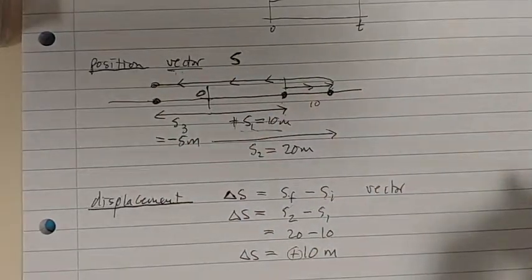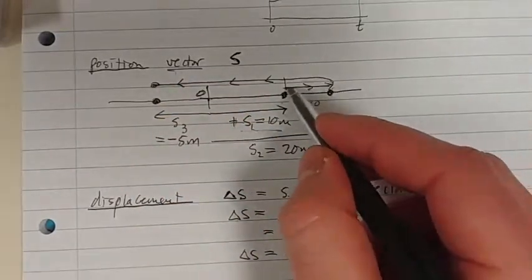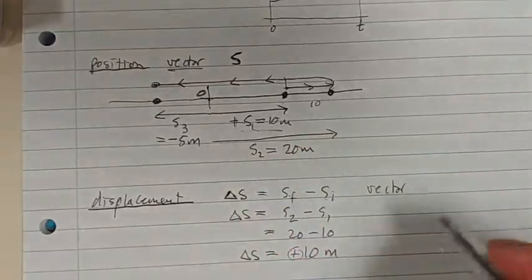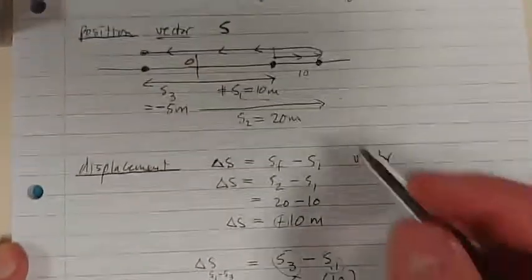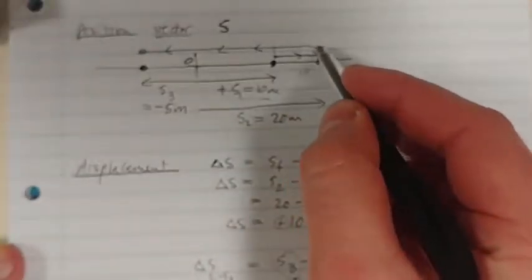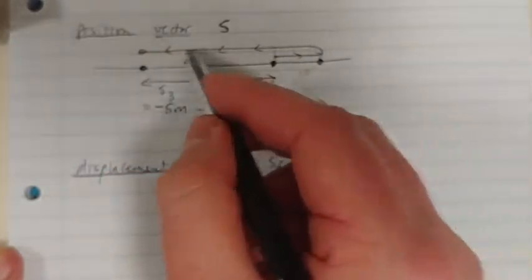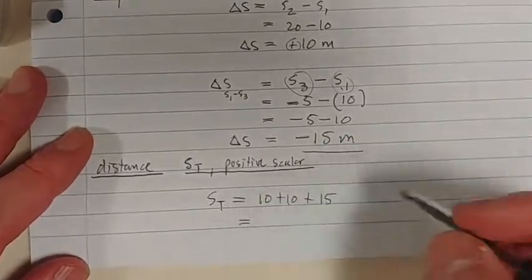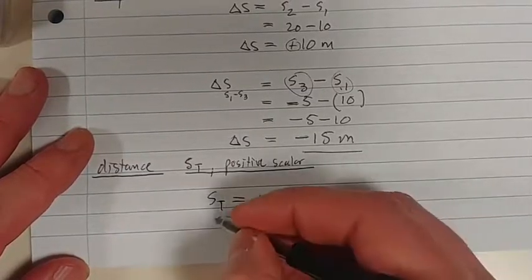And all we do is we add up those distances. So ST is 10 plus 10 plus 15, which is 20 plus 15, which is 35 meters.